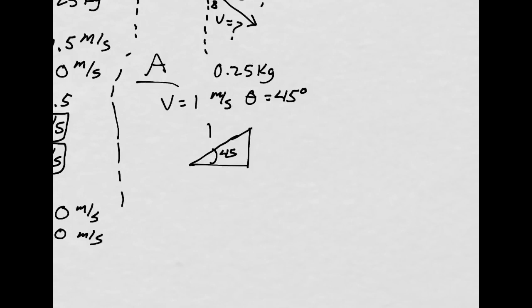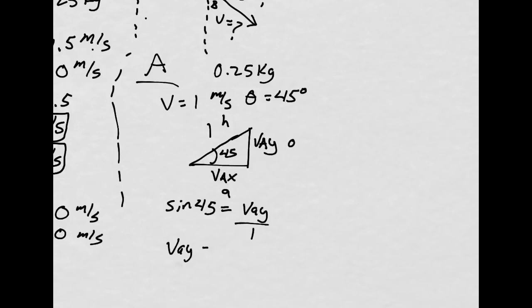If we want to find V_AY and V_AX, we have to use SOHCAHTOA. Opposite over hypotenuse: sine of 45 is equal to V_AY over 1. So sine of 45 degrees gives V_AY of 0.851 meters per second.